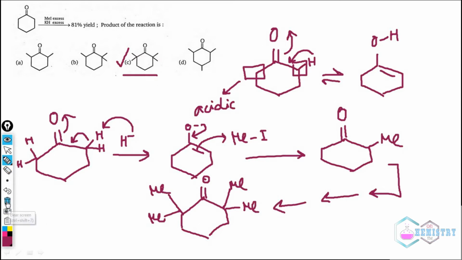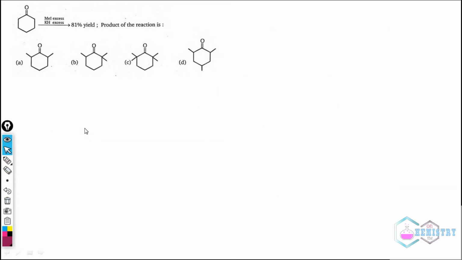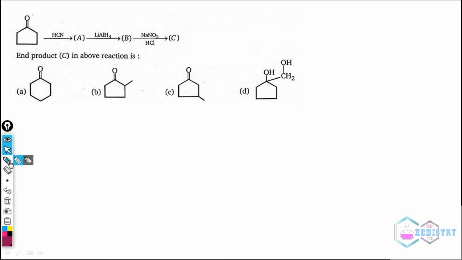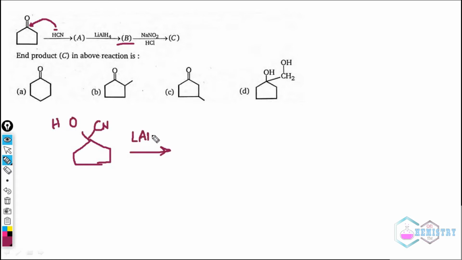Okay. Now the next problem. In this reaction, up to this part is very basic. That means the cyanide will attack this carbon. It will form a cyanohydrin, and upon reduction with lithium aluminium hydride, this part will form a CH2NH2.